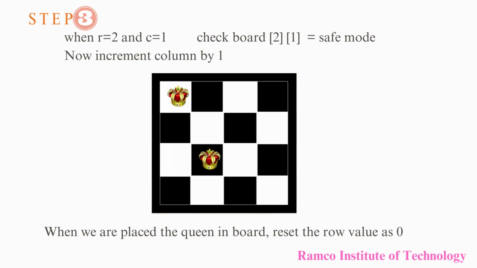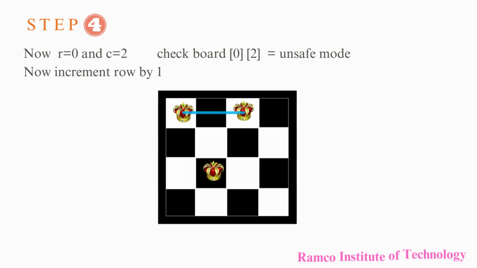This is most important. In step 4, R value is 0 and C value is 2. So check the board 0 and 2 value. It is also unsafe mode because the 0th row already contains a queen. So increment the row value by 1.